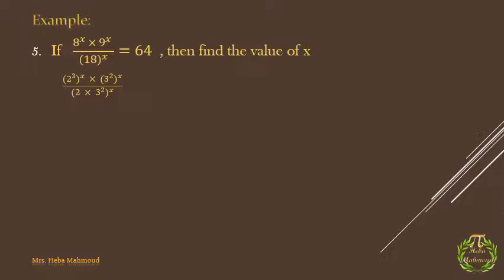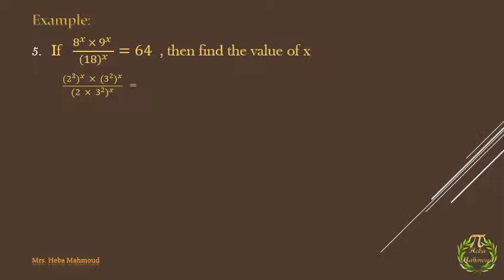And we know that 9 will be 3 power 2, so it will be 3 power 2 all power x. And the factorization of the denominator here, which is 18, it will be 2 times 9. And we know that 9 is 3 power 2, so it will be 2 times 3 power 2 all power x.